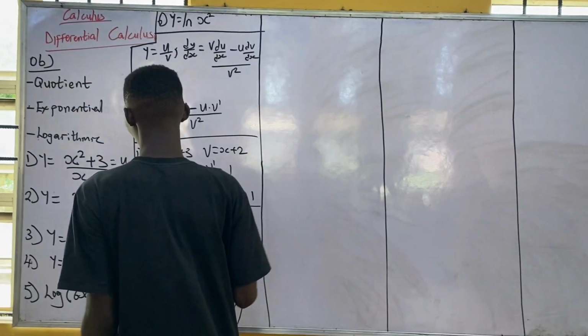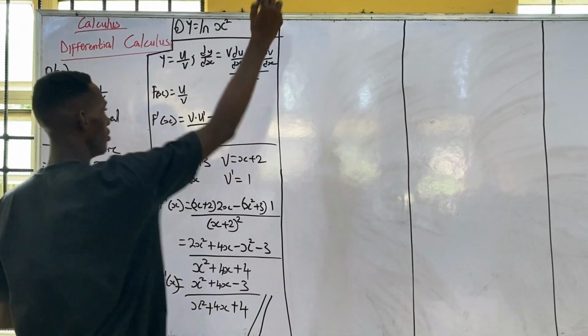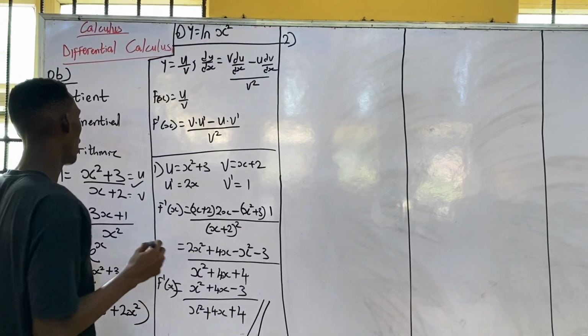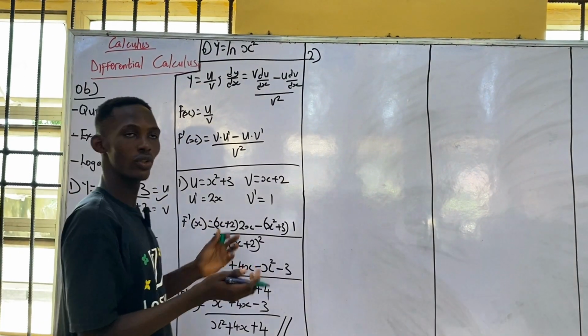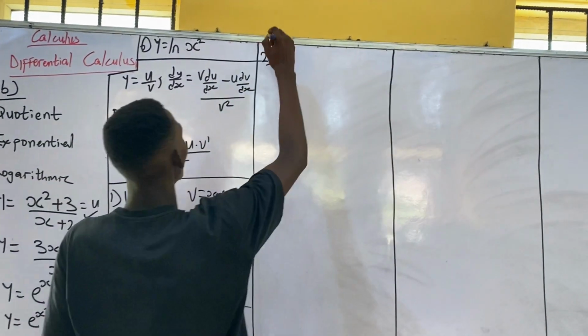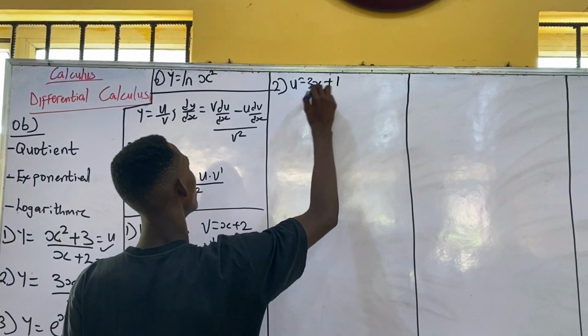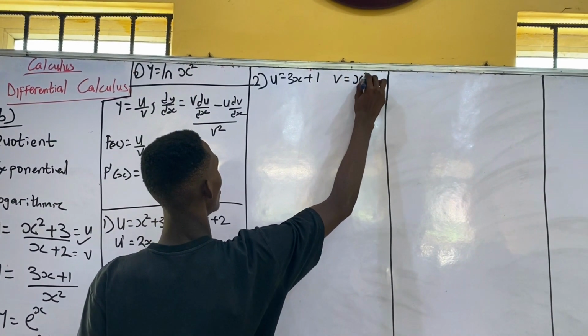Now, number two. Let me solve it as fast as we can. You can press pause and try it out before I eventually solve this. Depending on how you graph quickly, some might be used to this, some might be used to that. So now, our u is 3x plus 1. Our v is just x squared.